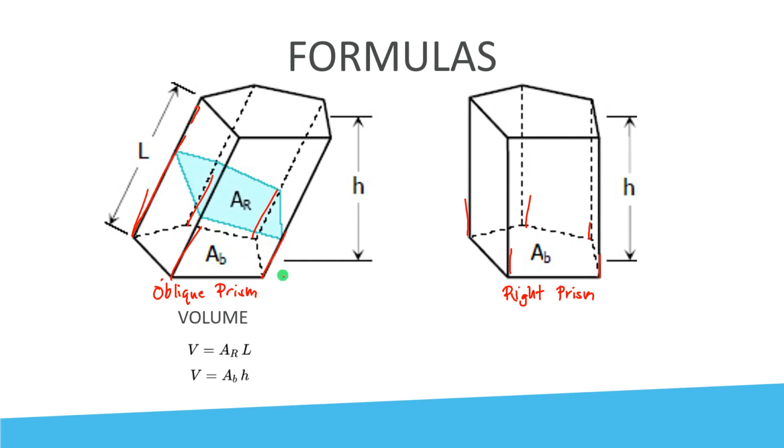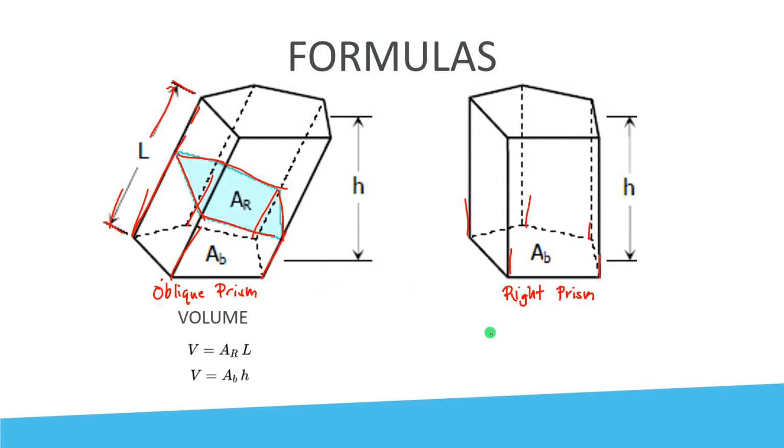In order for us to compute the volume of an oblique prism, we need the perpendicular cross-sectional area with respect to the lateral faces of the prism, then multiply it by the length of the lateral side.